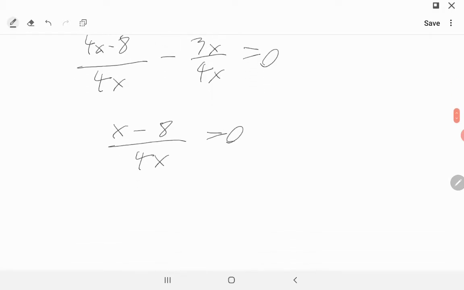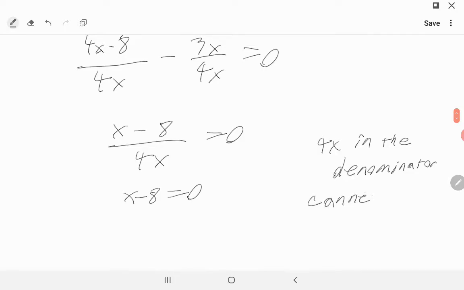And then we notice that that'll only happen if x minus 8 equals 0. We notice that the 4x in the denominator can never make the expression 0.